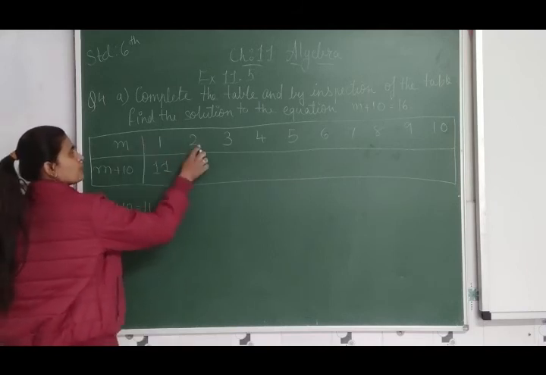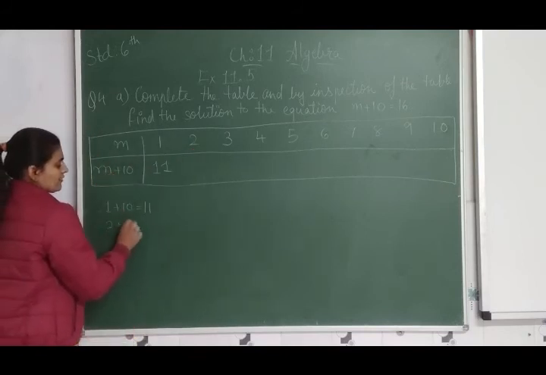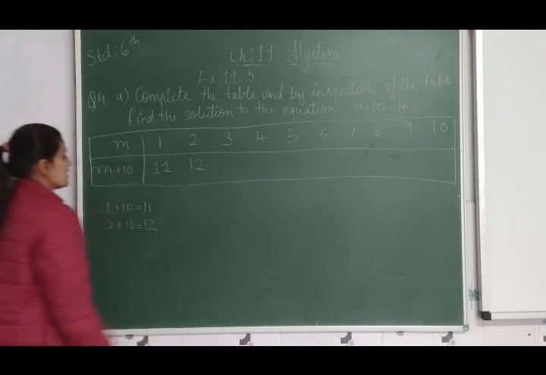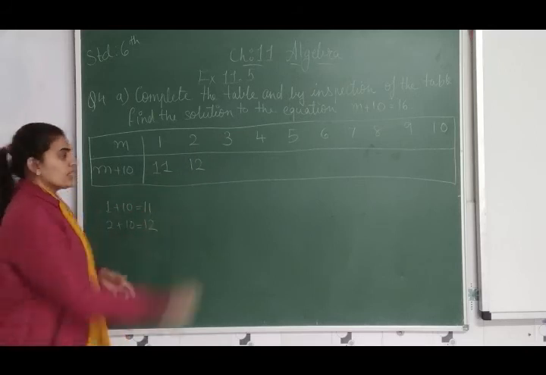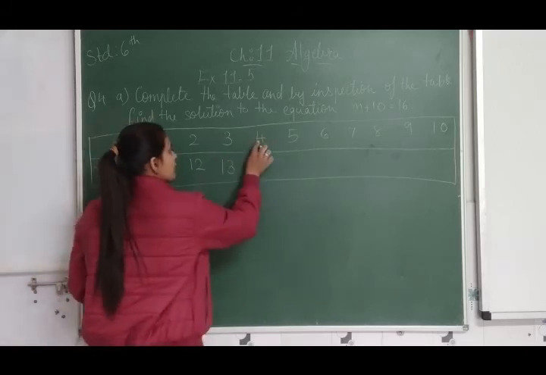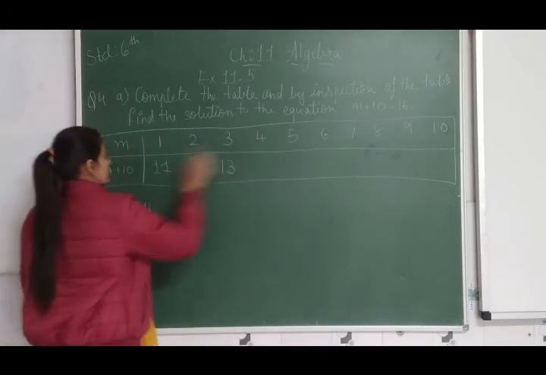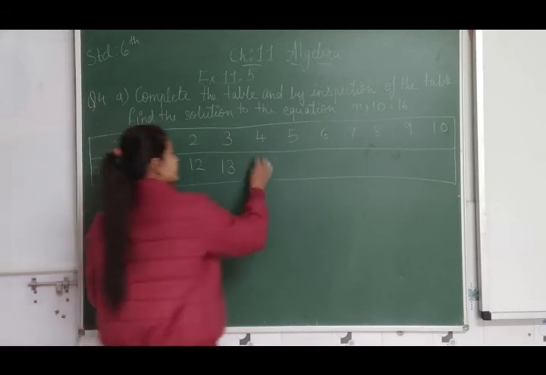Next we have to put m equal to 2. So here 2 plus 10 will be 12. Same way if we put m equal to 3, then we get 3 plus 10, 13. If we put m equal to 4, then 4 plus 10 is 14.